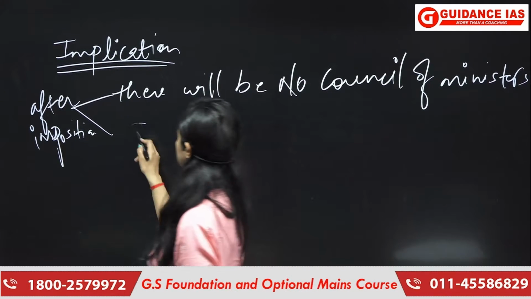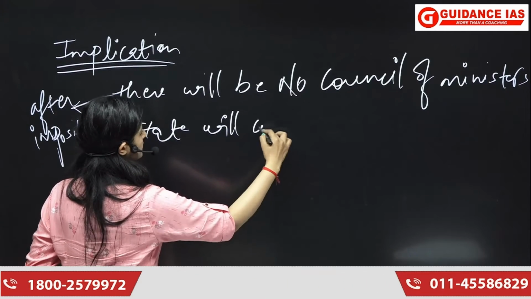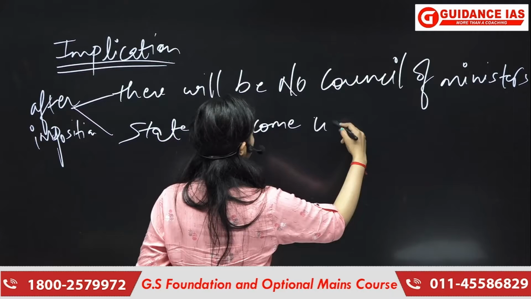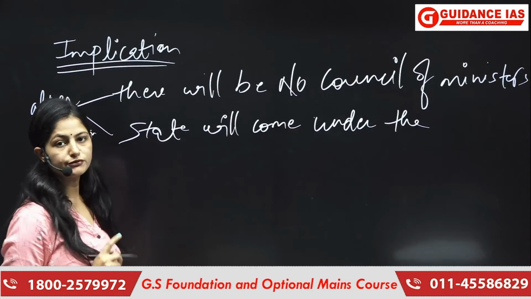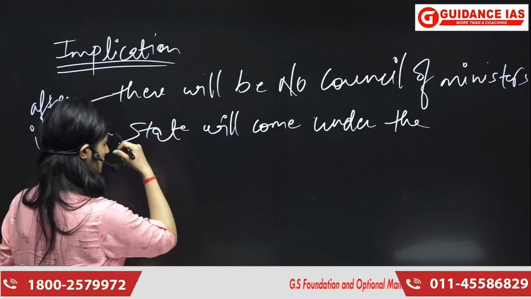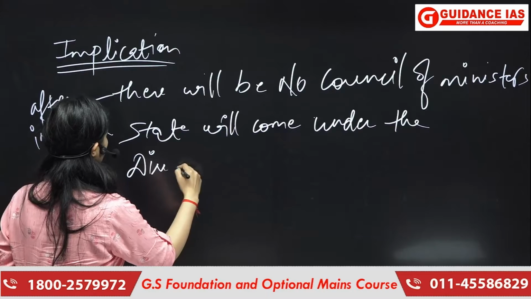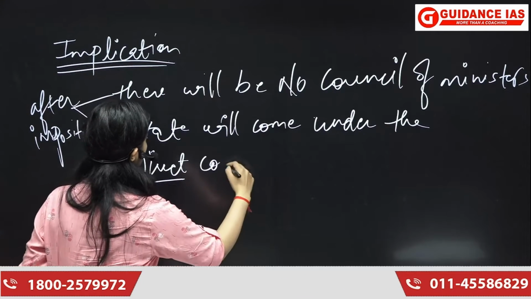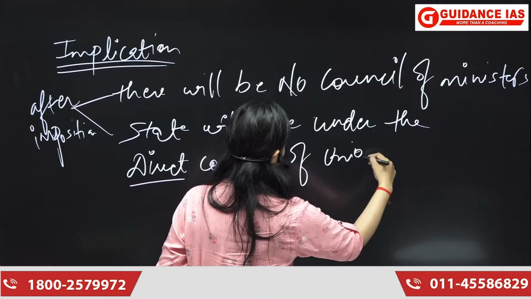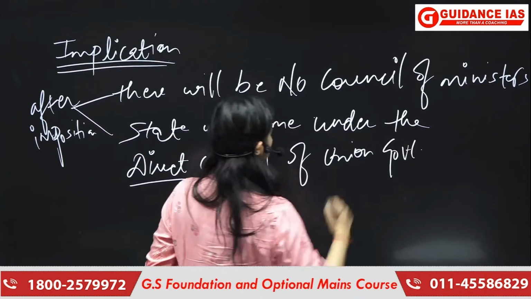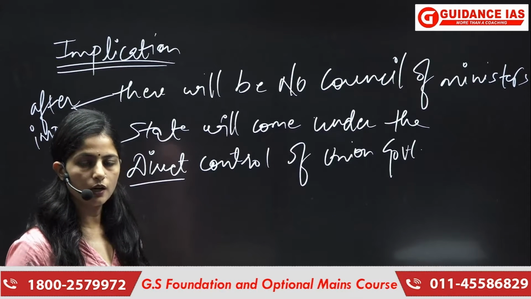And the state will come under the direct control of the central government. Direct control, you have to remember. Direct control of the union government. Right? So these are some of the major implications you can think of when you talk about the imposition of president's rule.